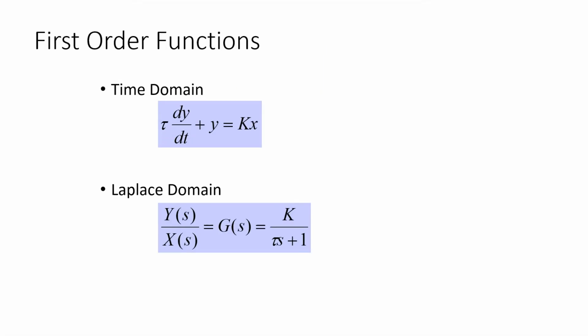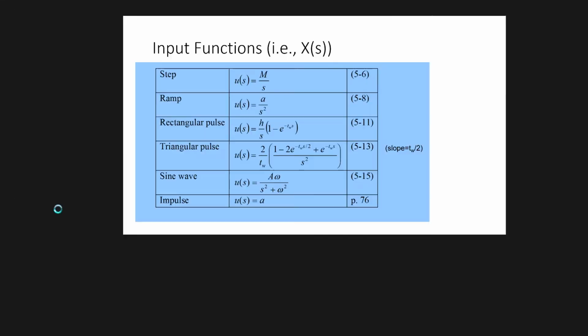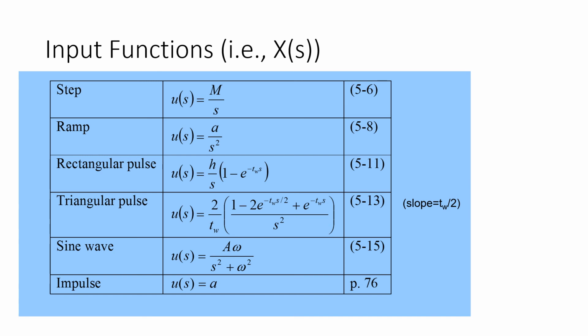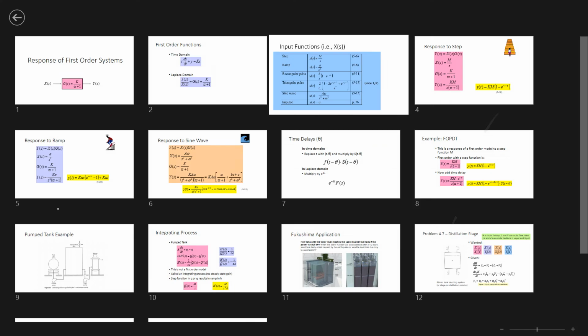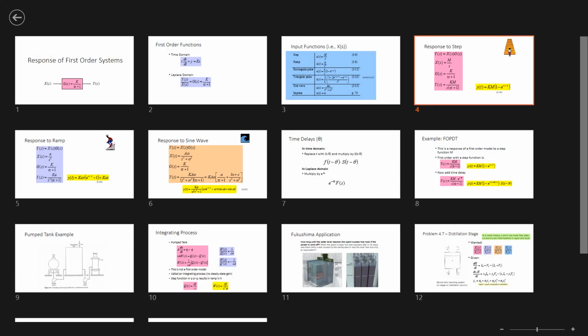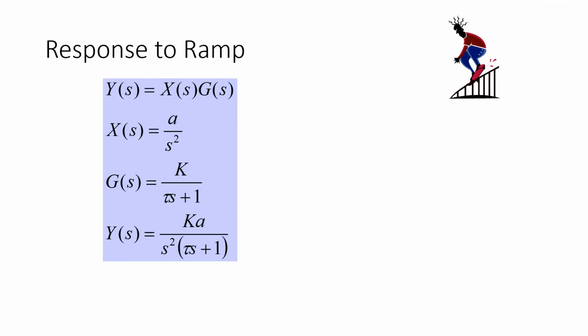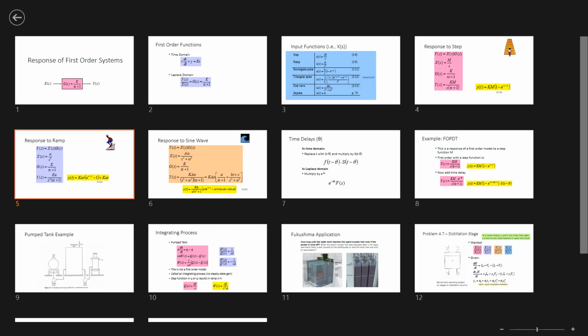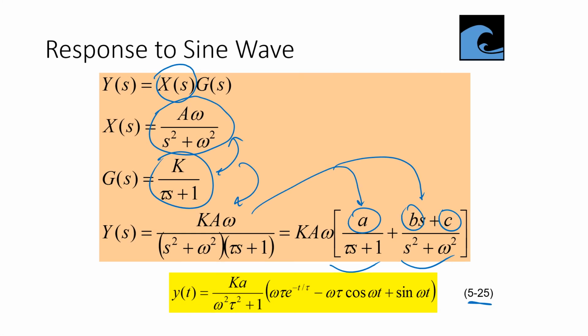So we had the first order functions, and we talked about different inputs to that transfer function. We talked about the step. There's the first one. The next one was the ramp. We also simulated those in MATLAB and Simulink, as well as the sine wave.